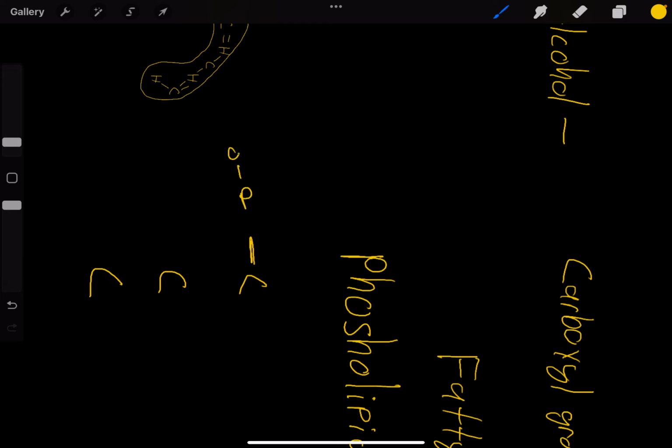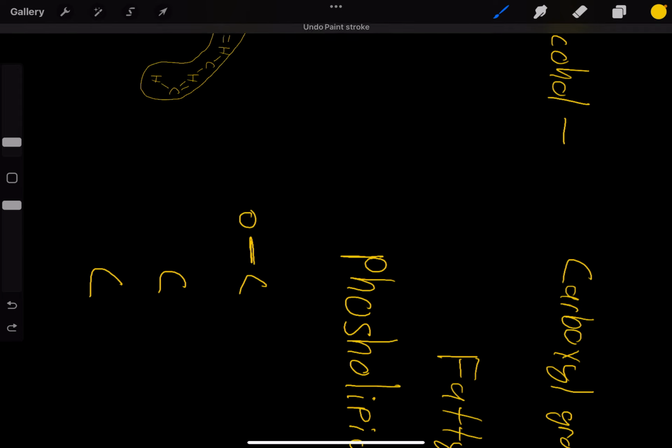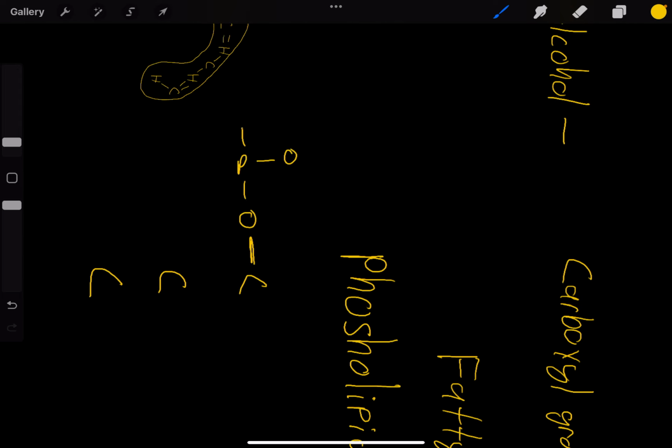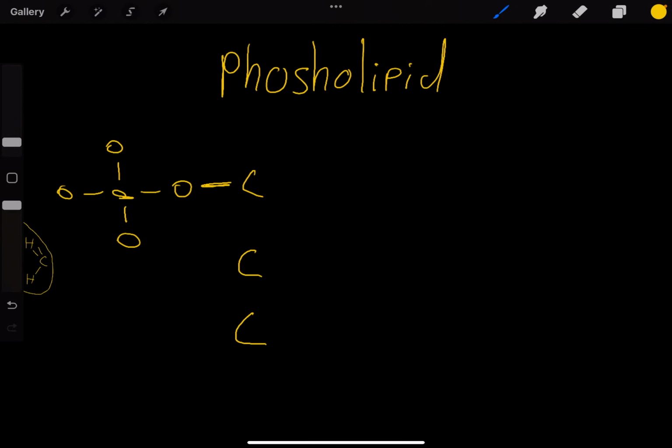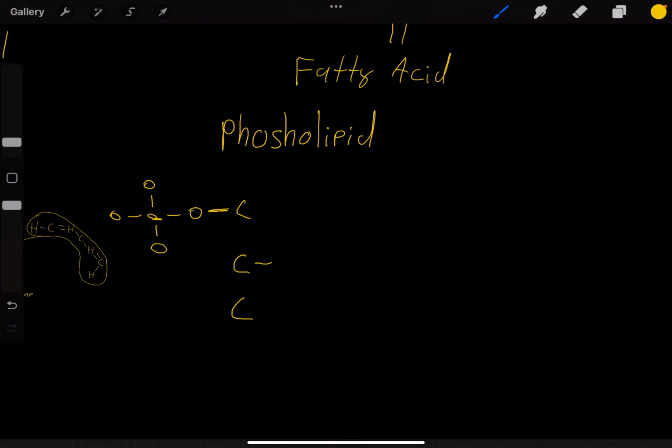So P and a bunch of oxygens, that's a phosphate group, and carbons to create its two fatty acid groups.